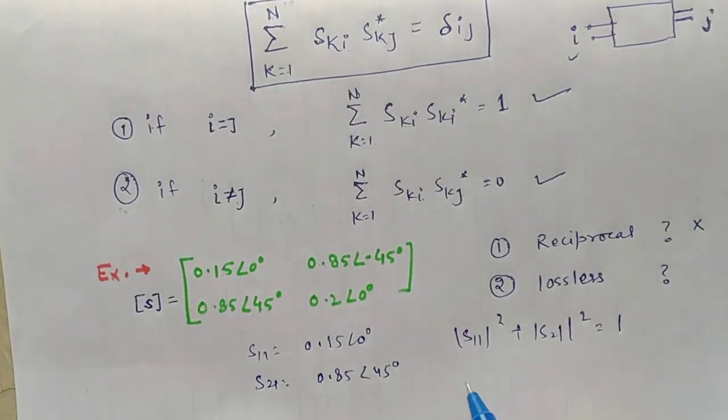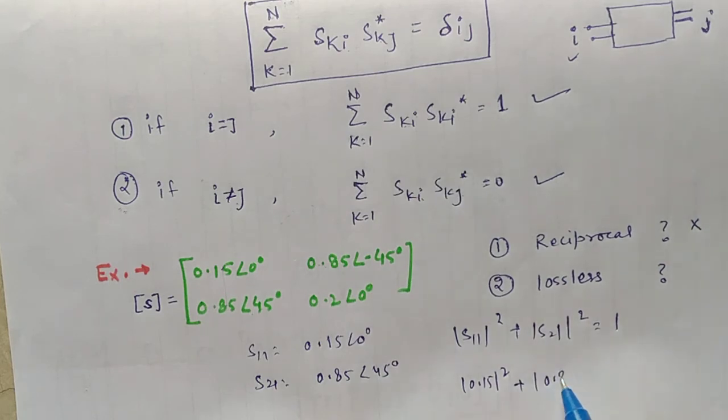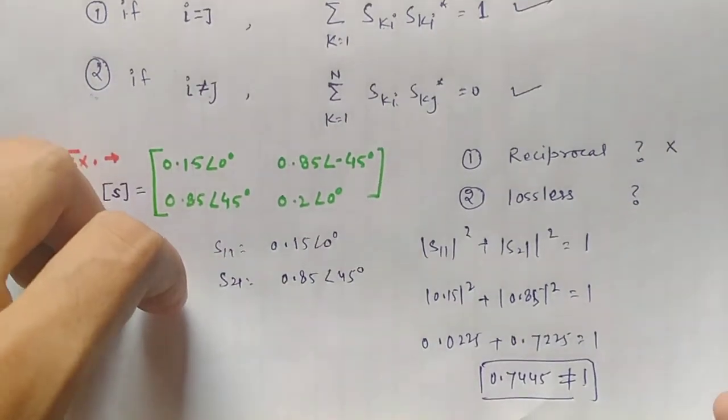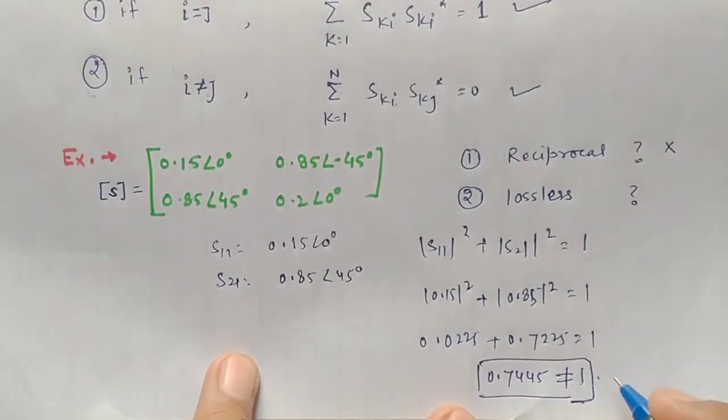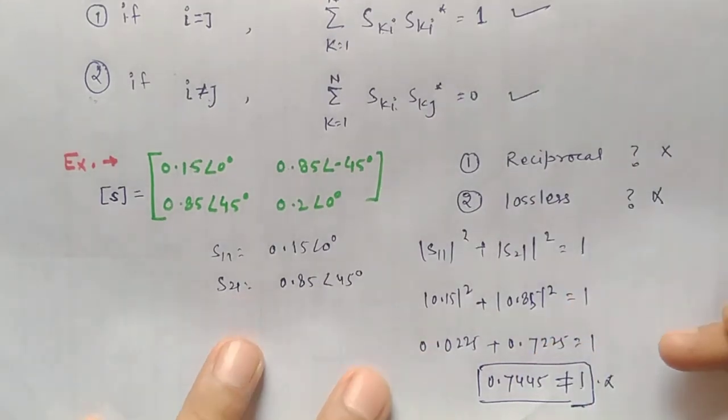So 0.15 squared plus 0.85 squared comes to 0.0225 plus 0.7225, which adds up to 0.7445, which is not equal to 1. So this condition is not satisfied, and the network is not a lossless network.